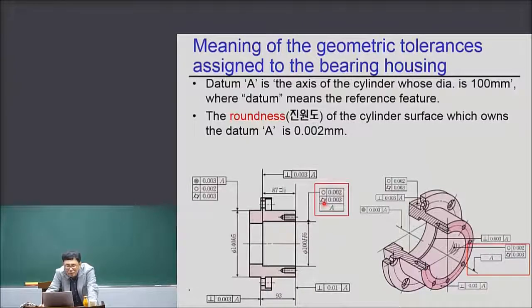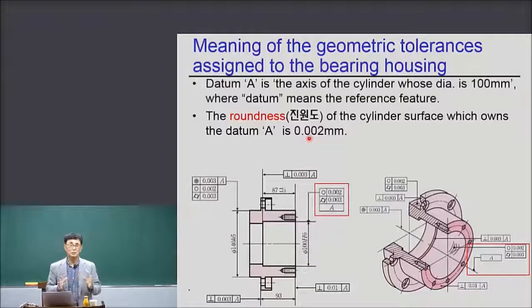Now, the roundness. You can see the small circle. This symbol means the roundness of the cylinder surface, which owns the datum A, is 2 micron. It's very, very tight roundness.